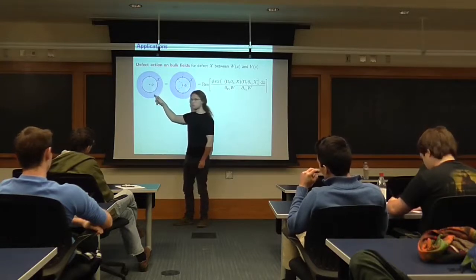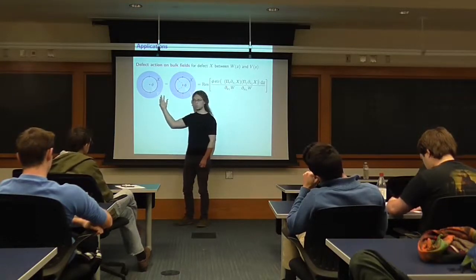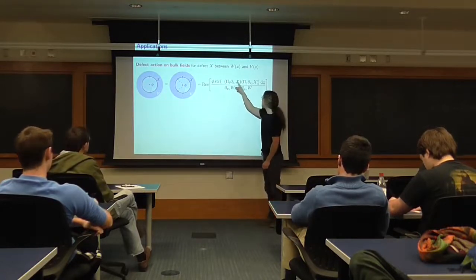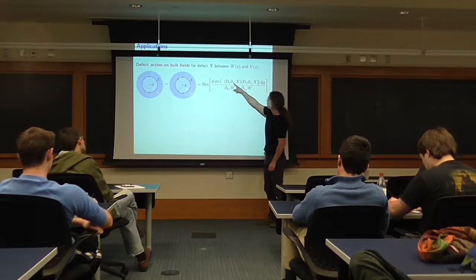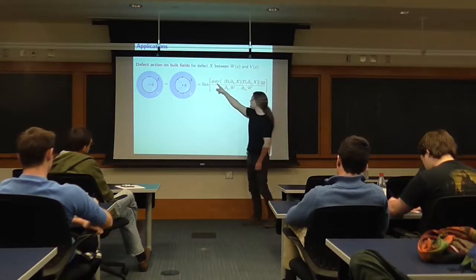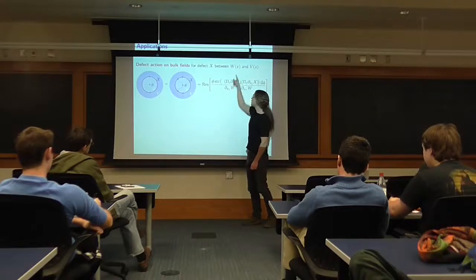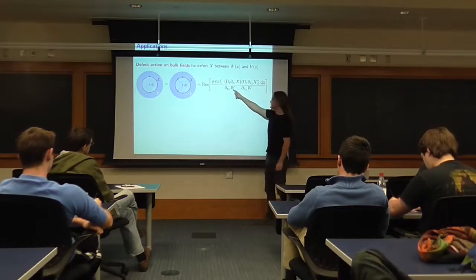So the new thing, which will be a bulk field in theory V, so that means it's a polynomial in Z, I get by taking all the partials of X, both with respect to the little x variables and the Z variables, multiplying them, taking the supertrace, multiplying with phi, which is a polynomial in x, because W depends on x. Then I divide by the product of the partials of W and take the residue.